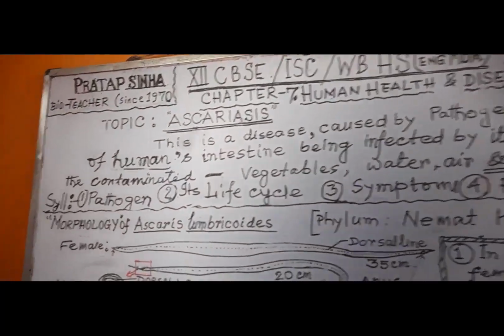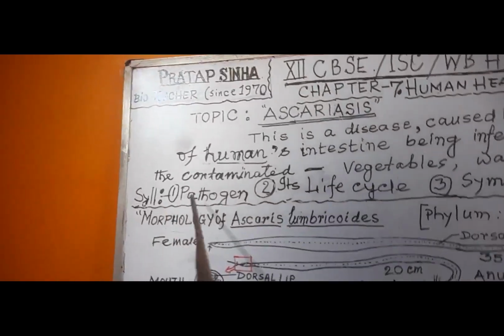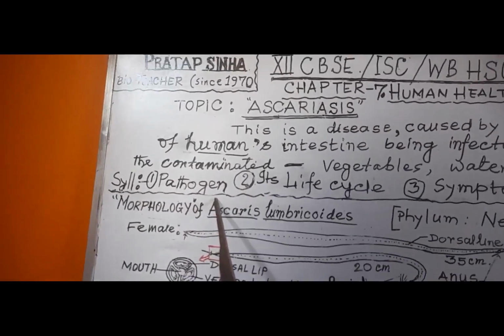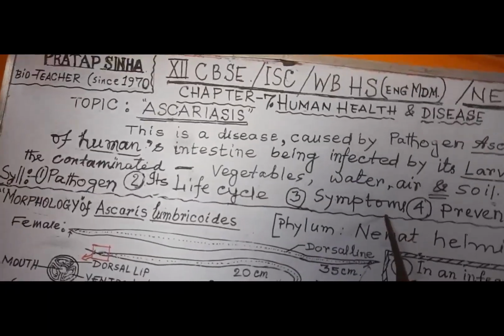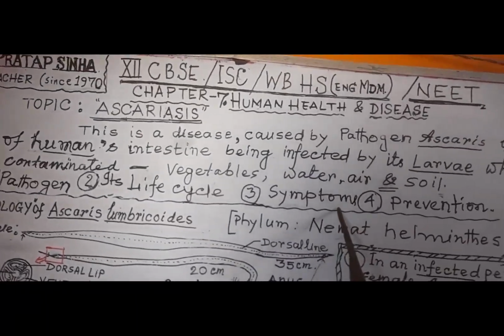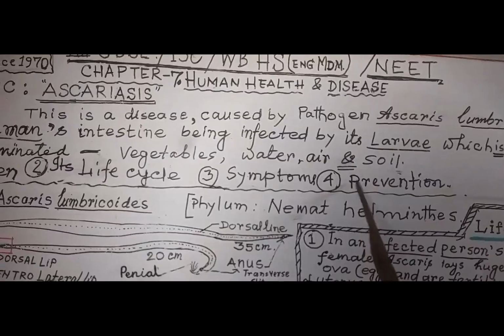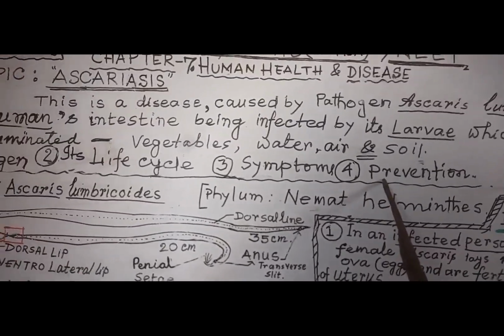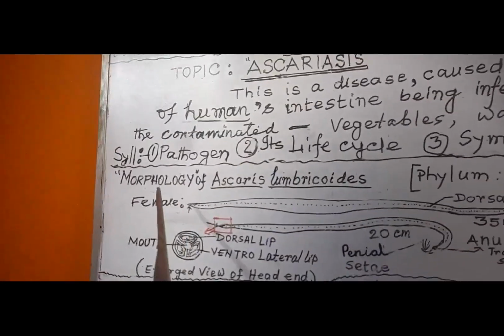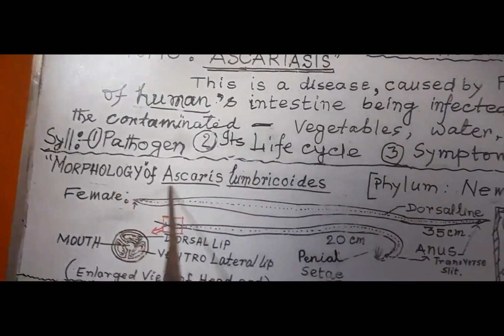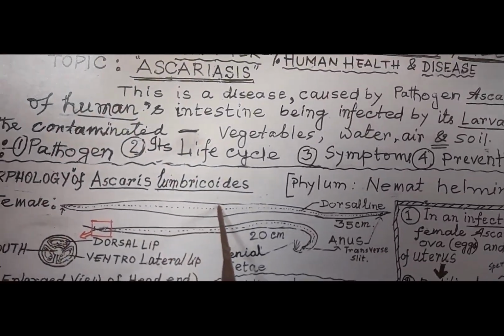Your syllabus is one part pathogen, next part its life cycle, next part the symptoms of the disease, and last the prevention of the disease. We shall now discuss the morphology of Ascaris lumbricoides.